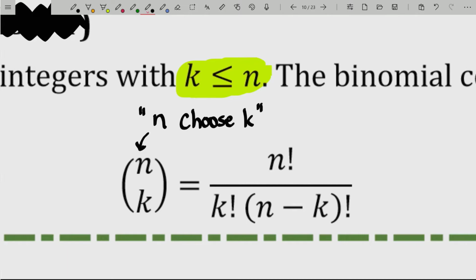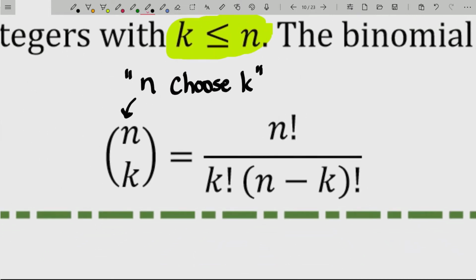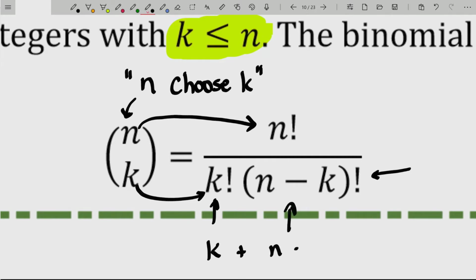And mathematically, the value that it becomes is a little bit easy to remember if you think, well, the n goes in the numerator with a factorial, so does the k. The k goes in the denominator with a factorial. So it's like an n factorial over k factorial, but then you have this offset right here, the n minus k quantity factorial. Well, if you added up this k to that factor right there, k plus that n minus k would be n.